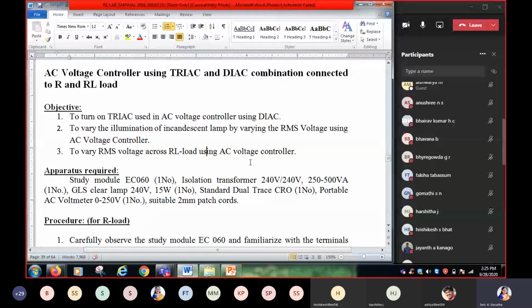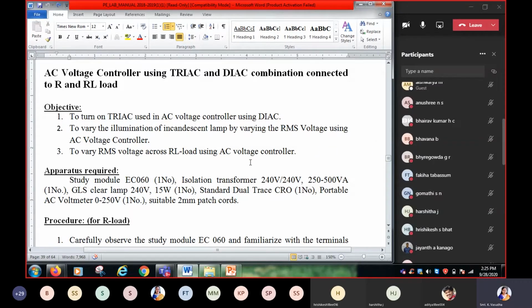How you can note down RMS value voltage across bulb? How you can measure RMS value across a bulb? Which instrument do you use to measure RMS voltage across a bulb? You have already used this instrument, so I'm asking you. Gomate, which instrument you use to measure RMS voltage across a bulb?